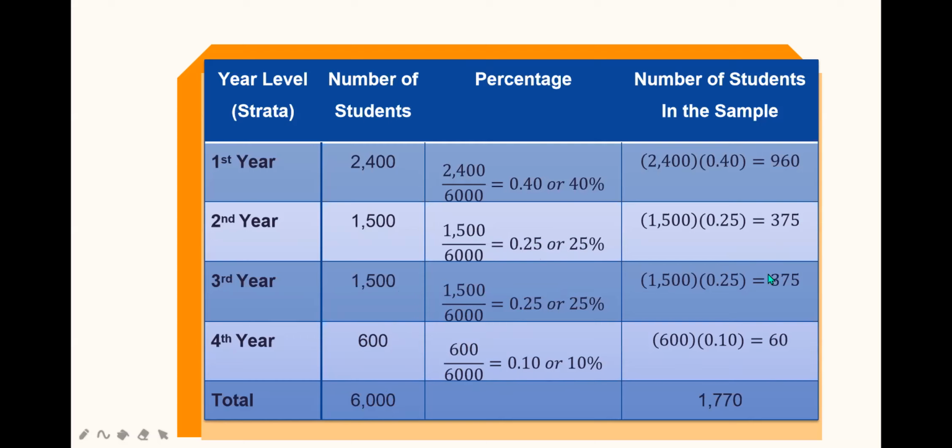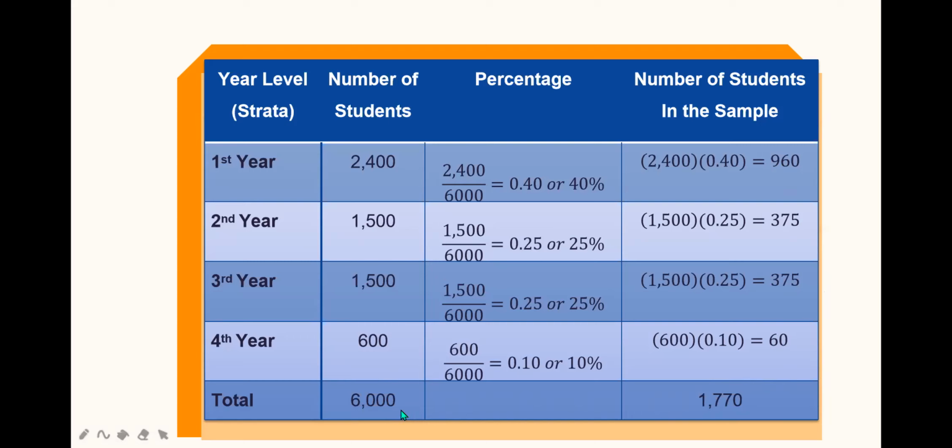So if I'm going to add all of these numbers from our larger population, which is 6,000, it is equal to 1,770. So Mrs. Buson will get these 1,770 students as the sample size of her study. Take note, let's emphasize the difference between the larger population and our sample size.